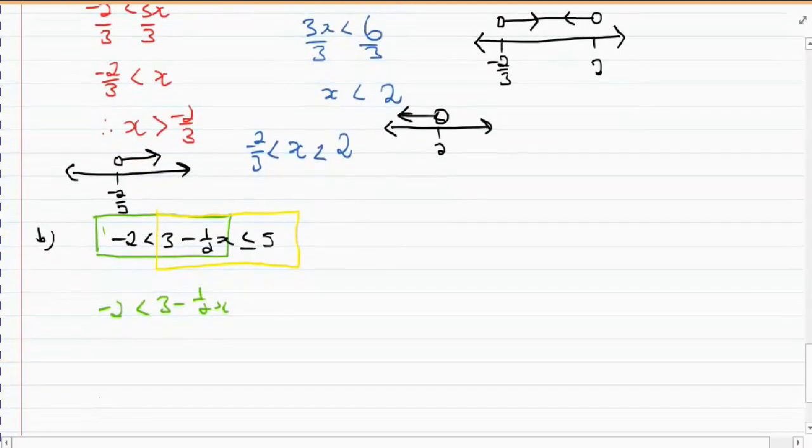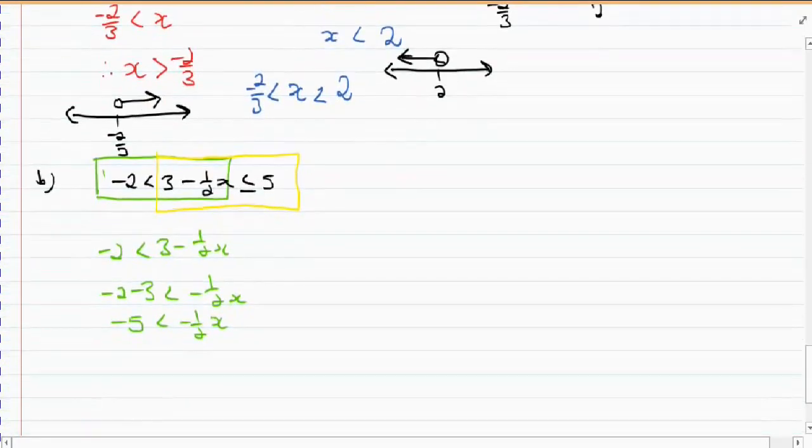Solving this, we have to transpose. We say -2 minus 3 is less than -1 over 2x. Transposing doesn't change the inequality sign. So this ends up being -5 is less than -1 over 2x. Now we multiply both sides by -2.